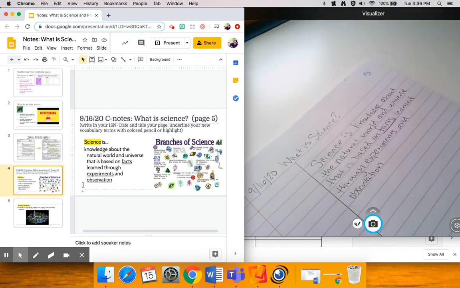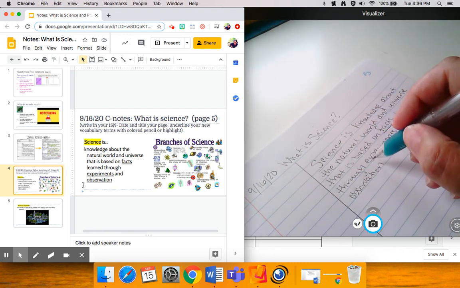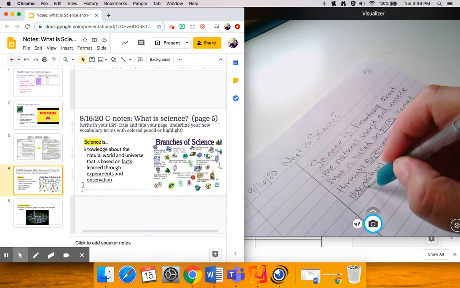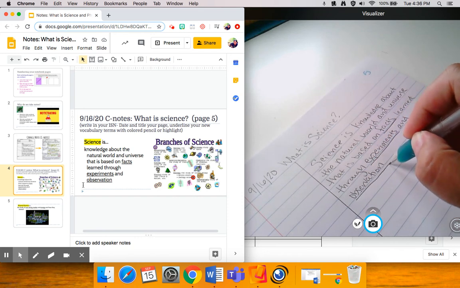So you can see in the slide, I've also underlined those same important words. Science has to be based on facts, and it involves experiments and observing all the things around us, observation.